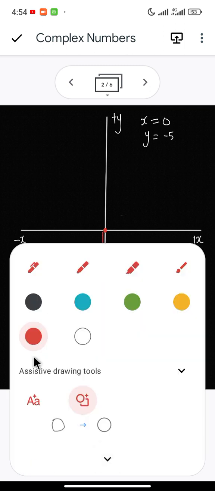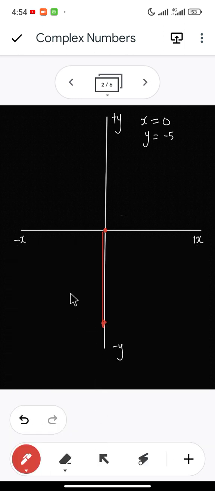That's your r. So this is one of those cases where the modulus rests on one of the axes. Understand? So obviously the argument here is going to be 270 degrees.